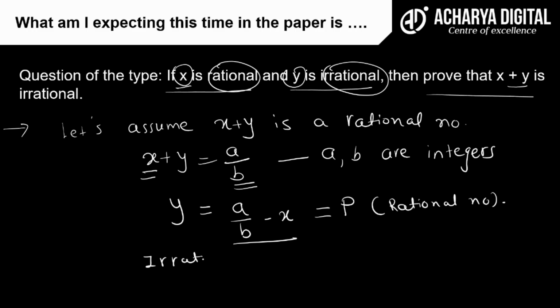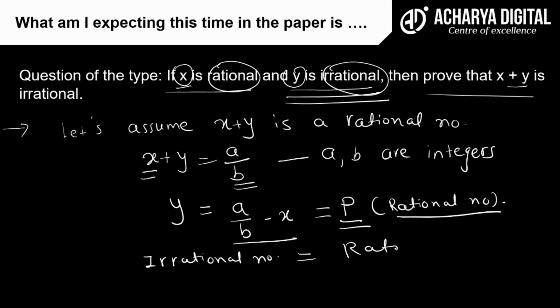It is given. So Y equals a rational number, which is the same as a rational number. So is it possible that a rational number and an irrational number are the same? No, it is not possible. That means our assumption is not correct. It is wrong. So the given number is not rational. So of course, if it is not rational, then it will become irrational.